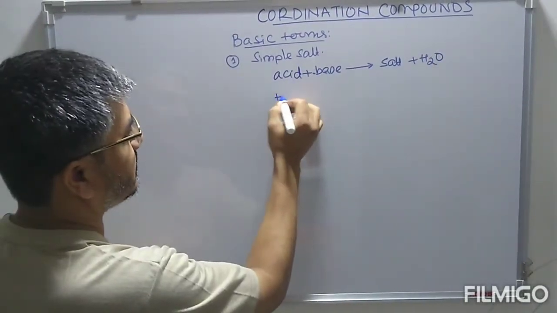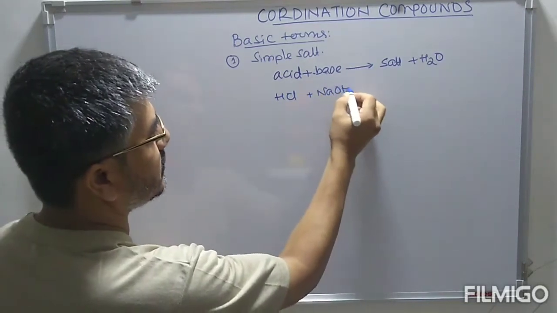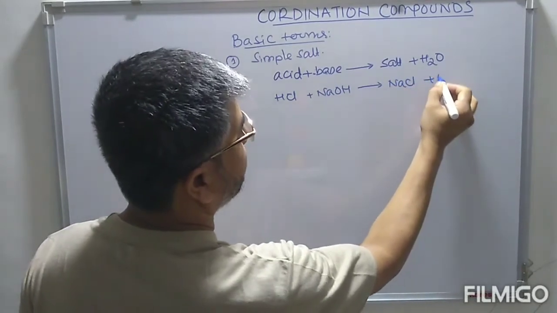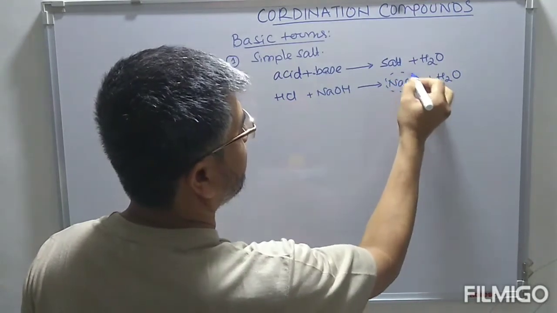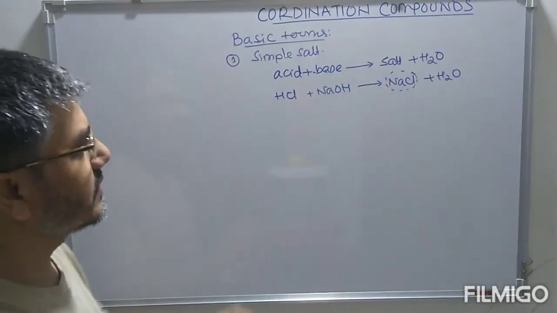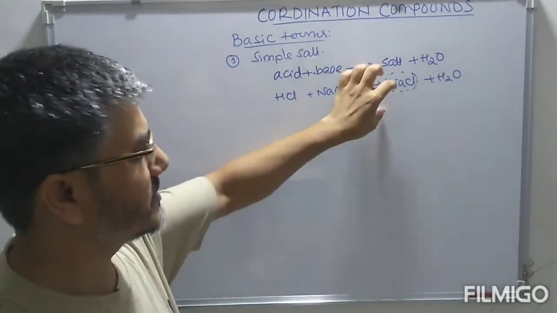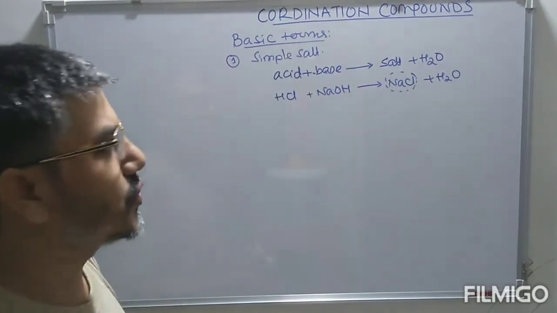So let's take up this. We have HCl plus sodium hydroxide, which gives you sodium chloride plus water. This sodium chloride, which contains one basic radical and one acidic radical, that is a simple cation and a simple anion, is what we call a simple salt.